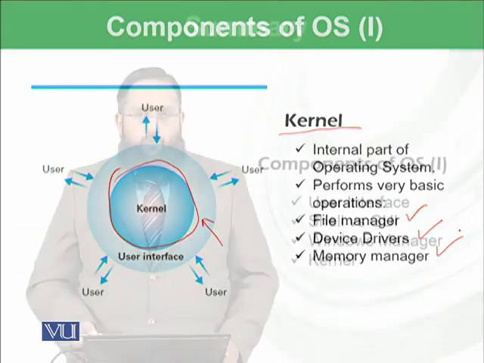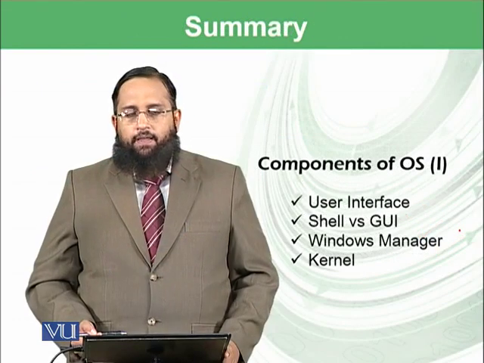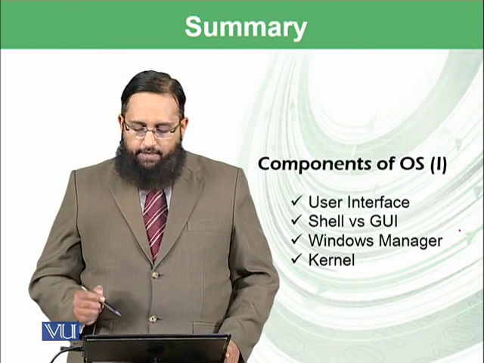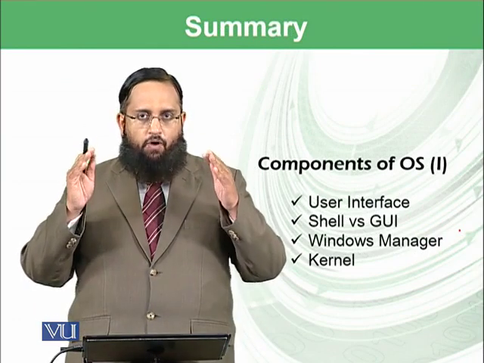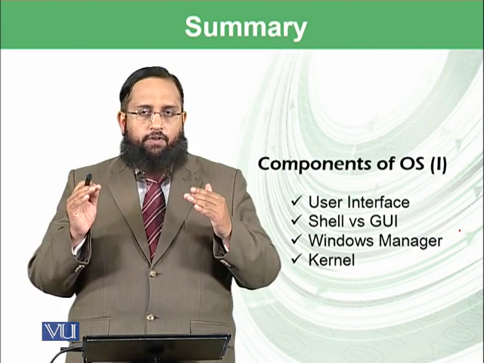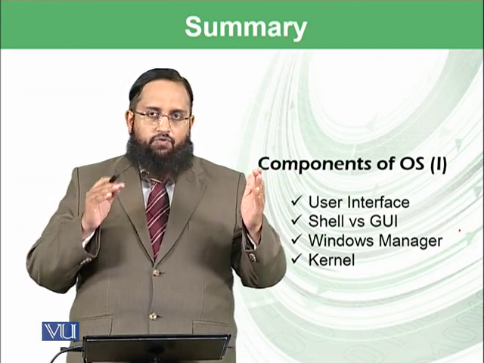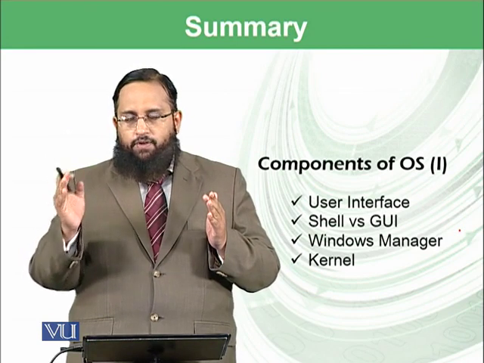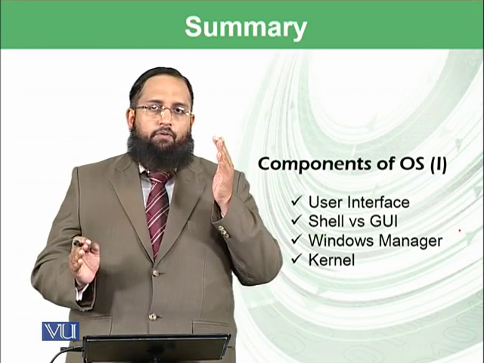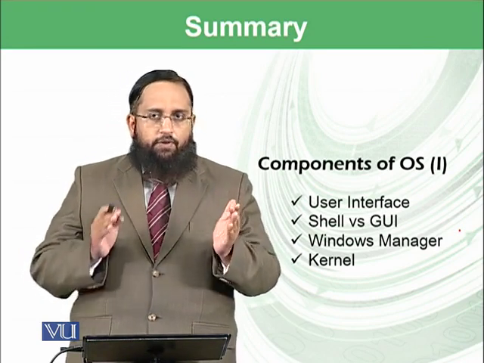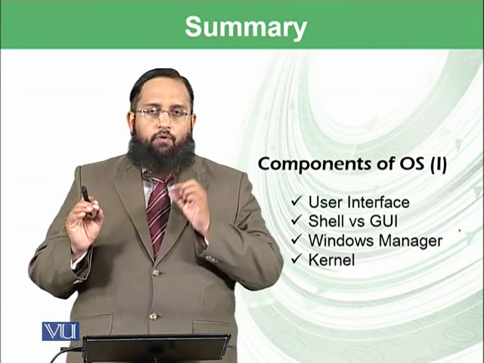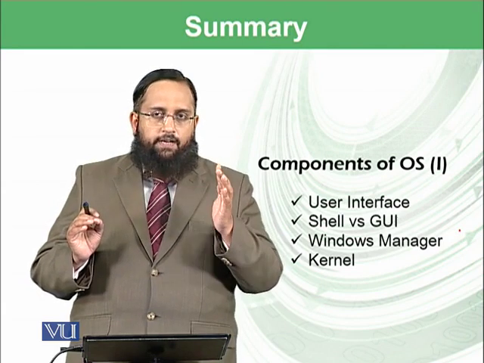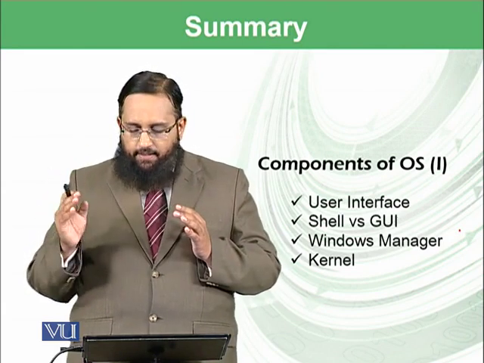So if we conclude today's topics, we have learned about different components of operating system. We started from the classification of software, where we have application softwares and system softwares, and within system software we went for utility softwares and then operating system, and within operating system we found two things: user interface and then the kernel.